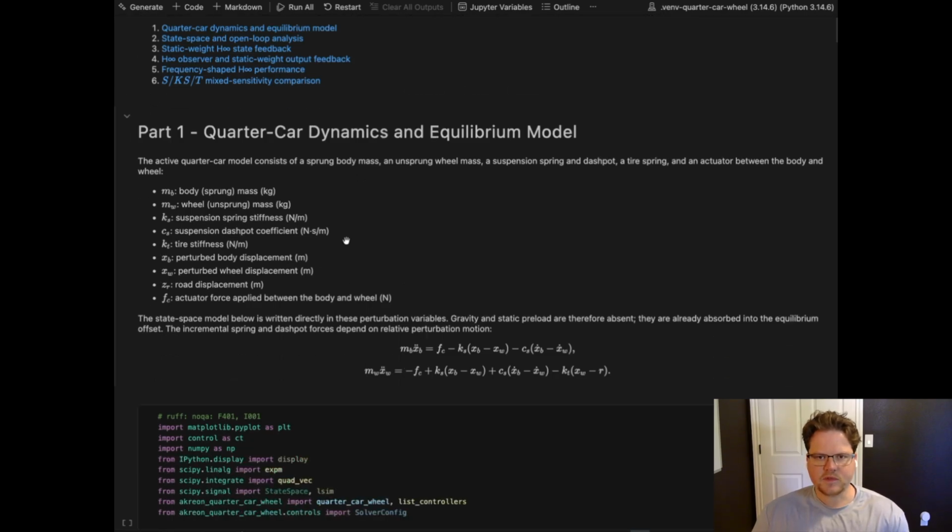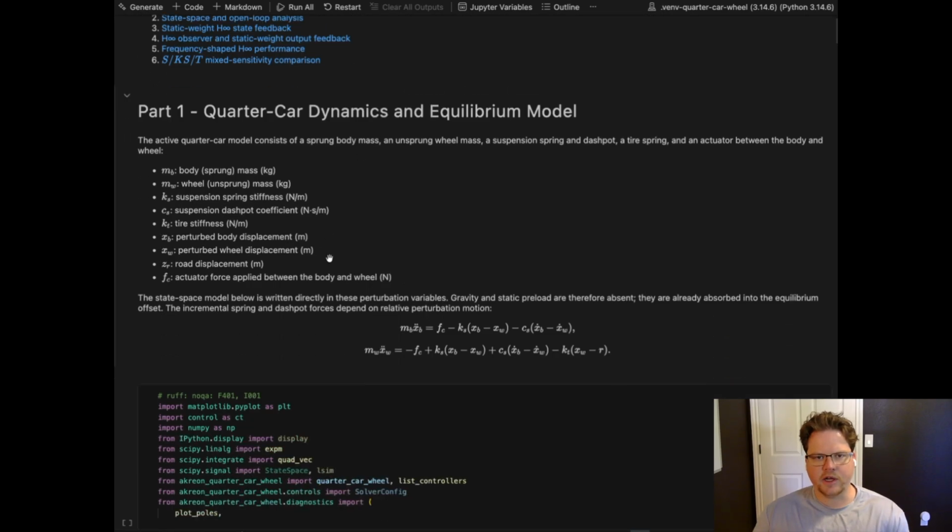So again, in the first part, we had the sprung mass from the suspension, the unsprung mass from the wheel, and the suspension, which had the spring and the dash pot. We had a tire spring, and we had that hydraulic cylinder actuator between the body and the wheel. Here are enumerated all of the coefficients that I'll be using in this notebook.